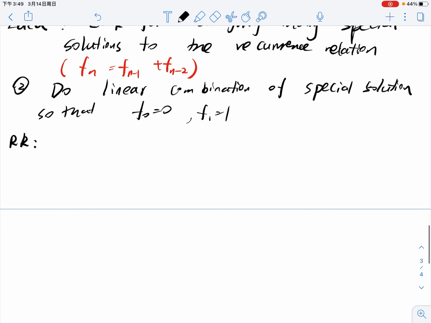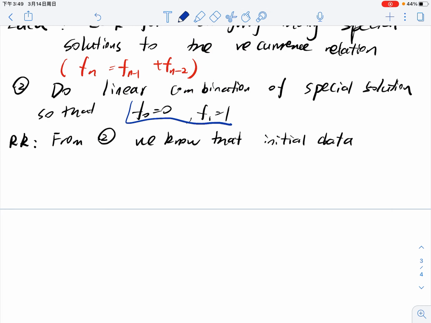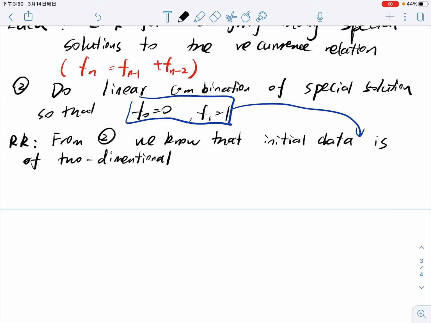From the second part, we know that the initial data is two-dimensional. What does that mean? That means you have two variables, and each of them can be chosen from the real number line.